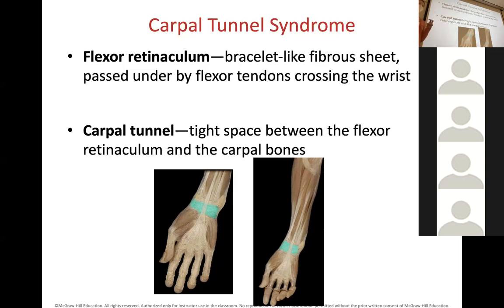The carpal tunnel, so carpal are the wrist bones, basically runs underneath that fibrous sheet between the bone and the flexor retinaculum. There are nerves that go in there, there are muscles that run through there, and it's a really narrow space.